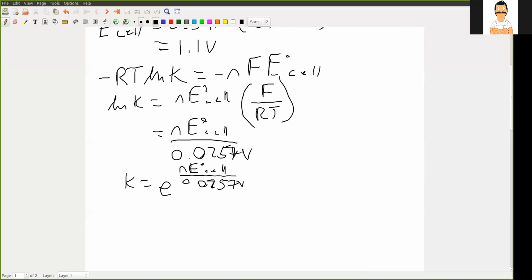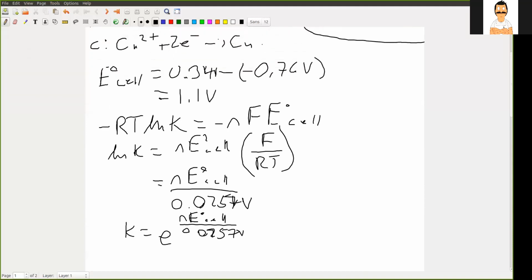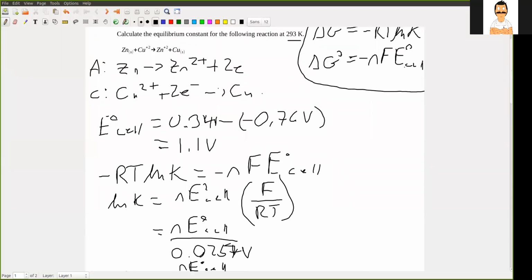And we just have to identify what n is. We do that simply by looking at our anode and cathode reactions. n is the number of moles of electrons. So we have 2 moles of electrons on either side, so we don't need to change anything.